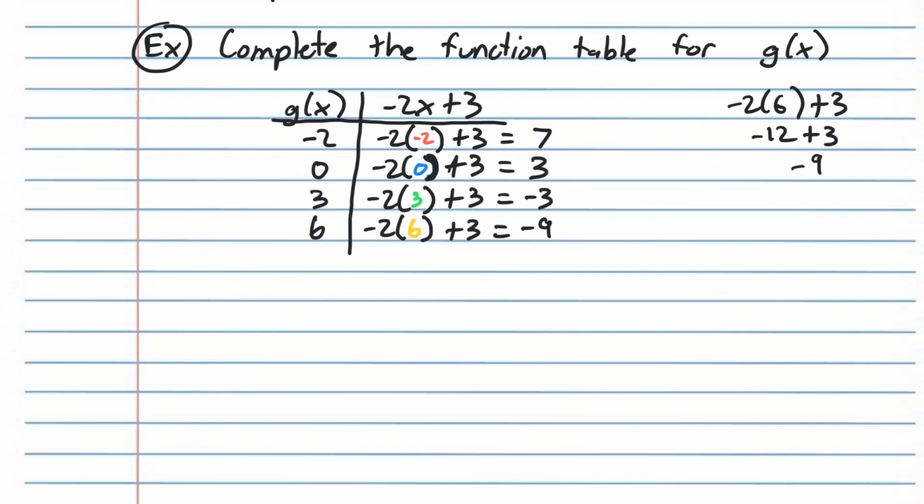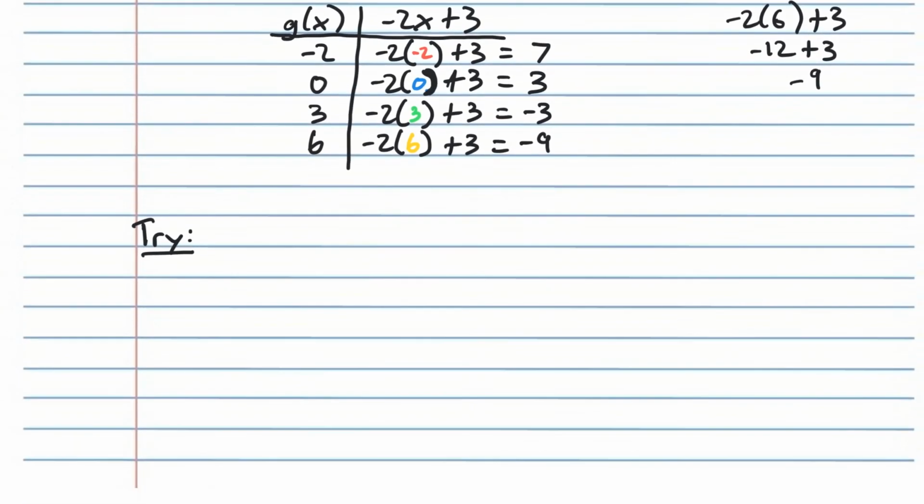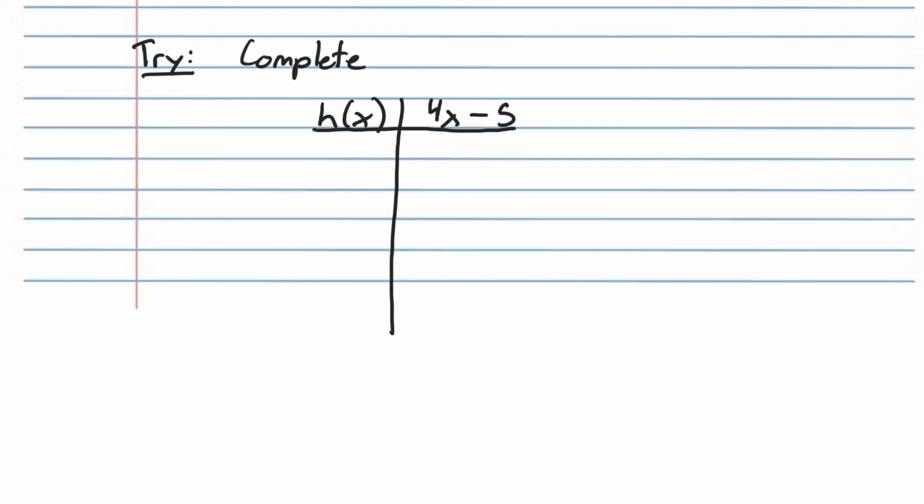Okay, all right, the one I would like you to try on your own. Let me scroll down a bit. I would like you to complete the following table for h of x. Let's say h of x is equal to 4x minus 5.